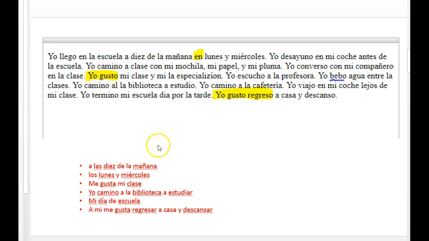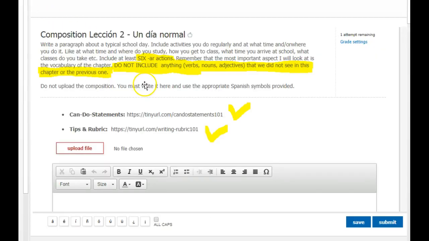Okay? Here I put me gusta mi clase, and gustar is a whole thing. In the directions, I know that I put 6 are action verbs, and maybe you put gustar because you put it as an are verb.